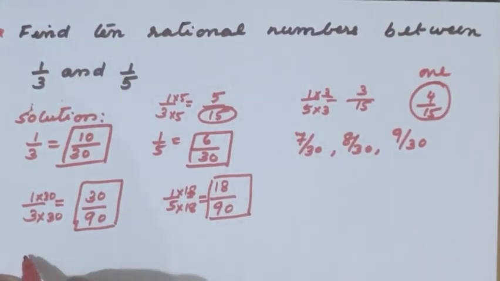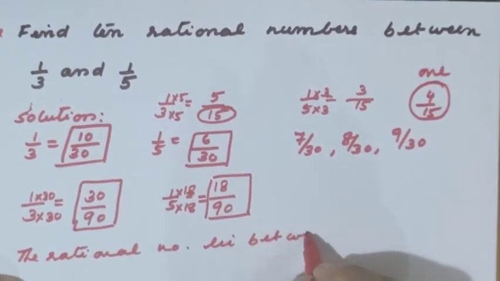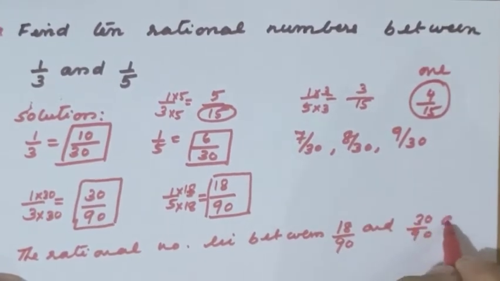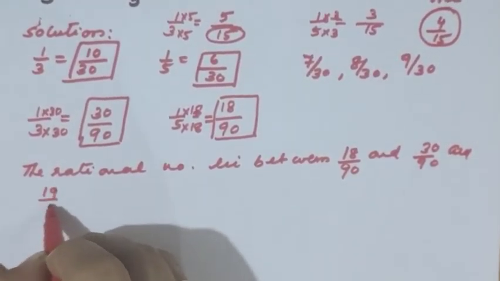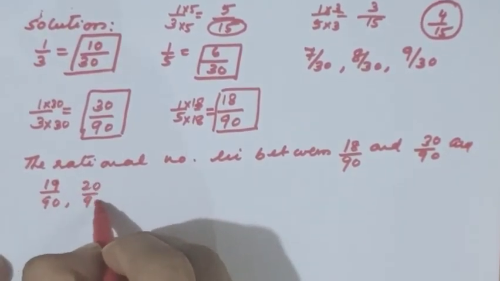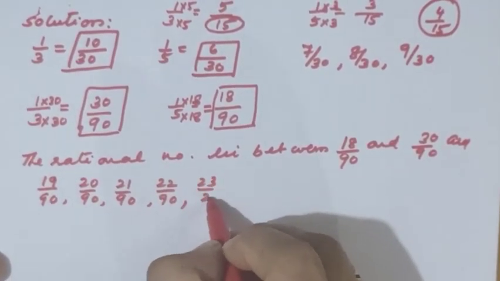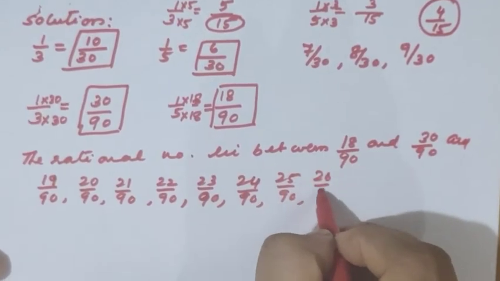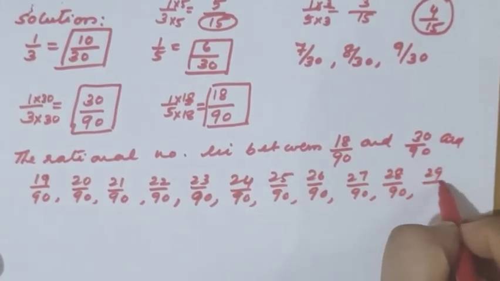So in between, how many numbers are possible? The rational numbers that lie between 18 by 90 and 30 by 90 are 19 by 90, 20 by 90, 21 by 90, 22 by 90, 23 by 90, 24 by 90, 25 by 90, 26 by 90, 27 by 90, 28 by 90, 29 by 90.